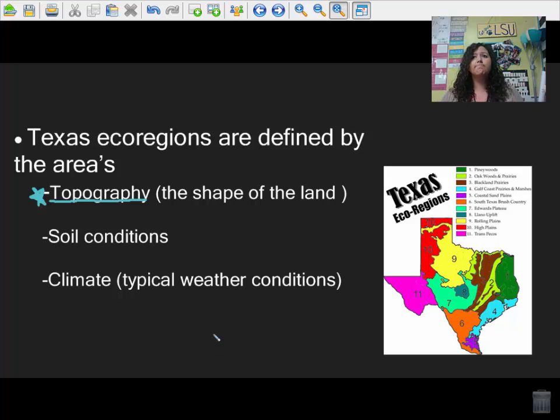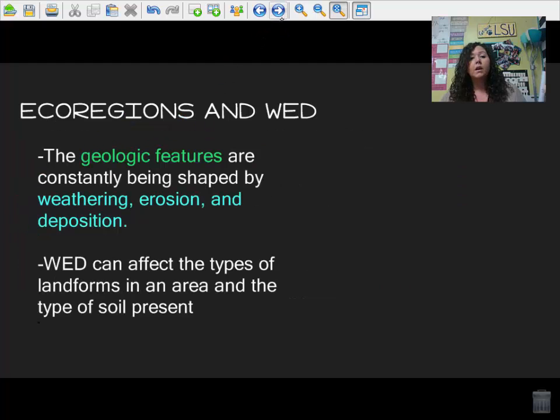What type of soil is it? The type of soil is going to determine what type of vegetation will be able to grow in that place, as well as the climate. And the climate is the average weather over a long period of time, so just what the typical weather conditions are. These are the top 3 things that a scientist would define the ecoregion by.